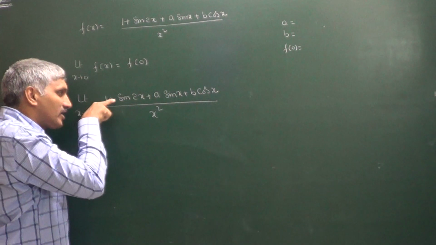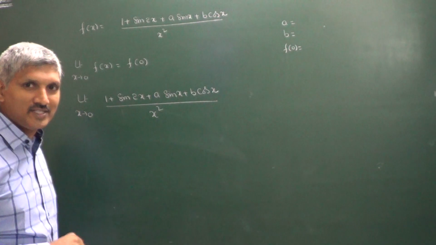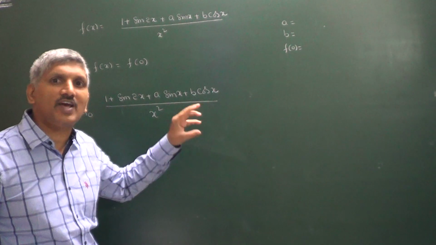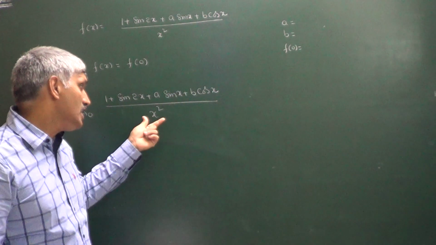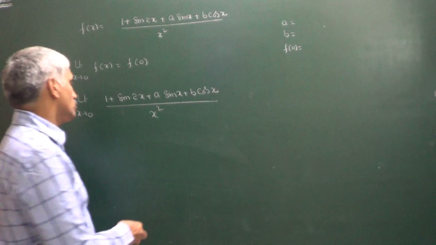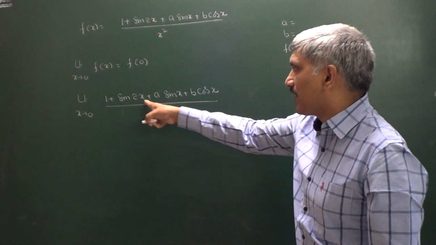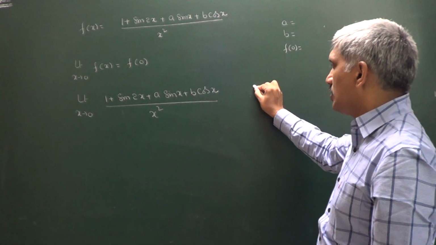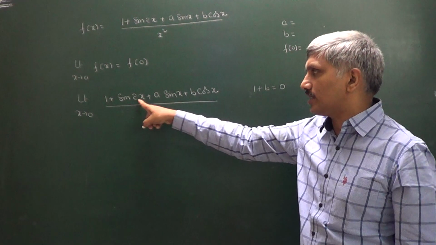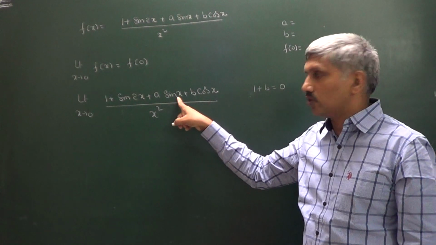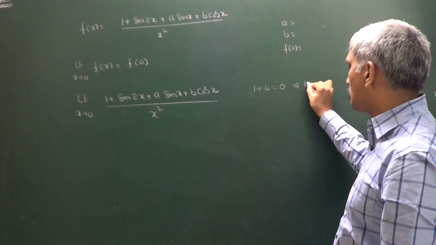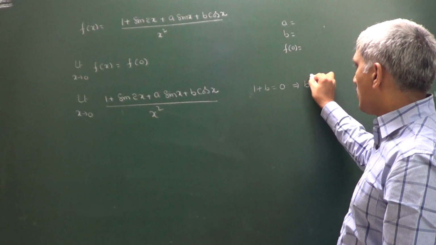So numerator also tends to 0. Right? If numerator also 0, denominator also tending to 0, we can evaluate by some other methods. So in place of x substitute 0 in the numerator, you will get 1 plus b equals 0. Because sin 0 is 0, cos 0 you will get 1. So that's why we are getting 1 plus b equals 0. Therefore b equals minus 1.